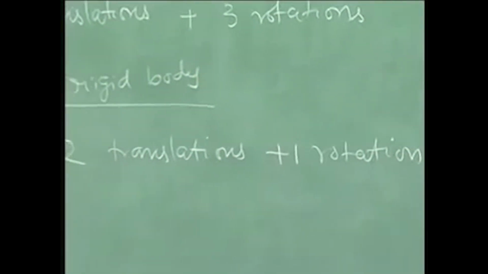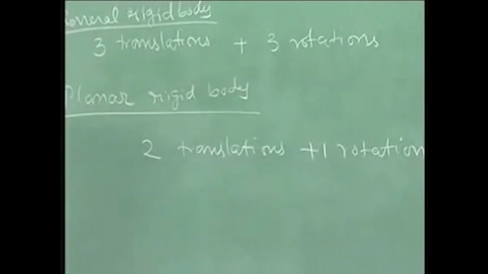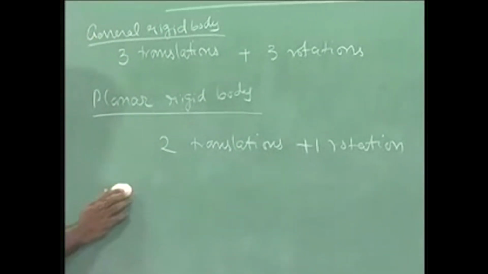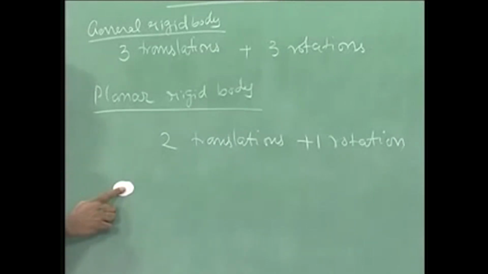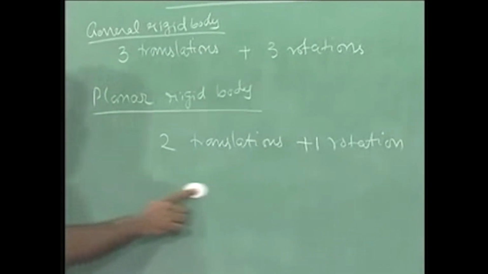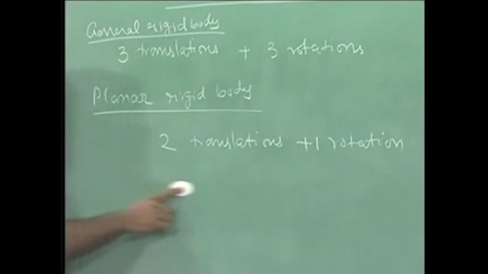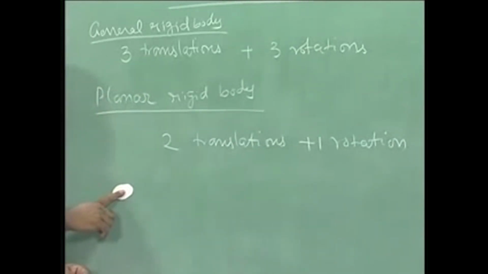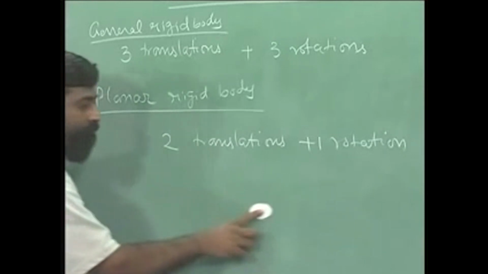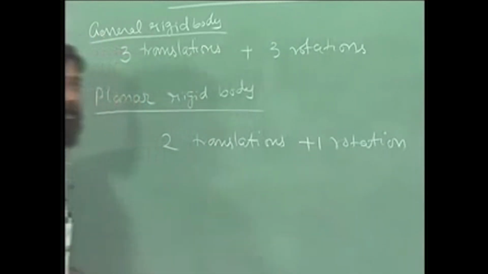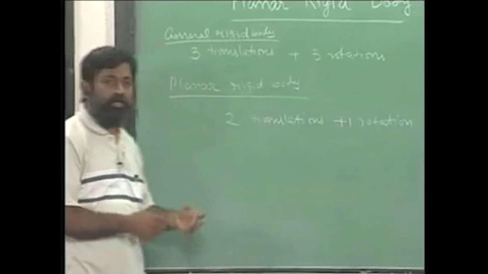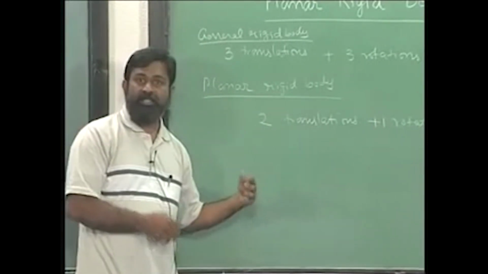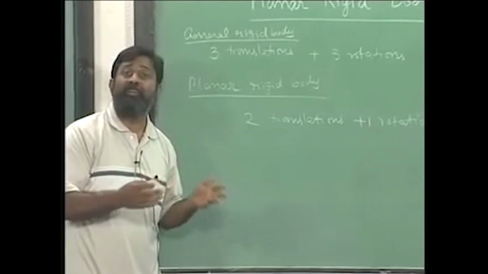One of the important points to note here is that if I have to describe the vertical motion, that is completely independent of what is happening in the horizontal motion. For example, if it is going like a wave and I have to describe only the vertical motion, it in no way affects the horizontal motion, or in other words the 2 translations that I describe are independent of each other.